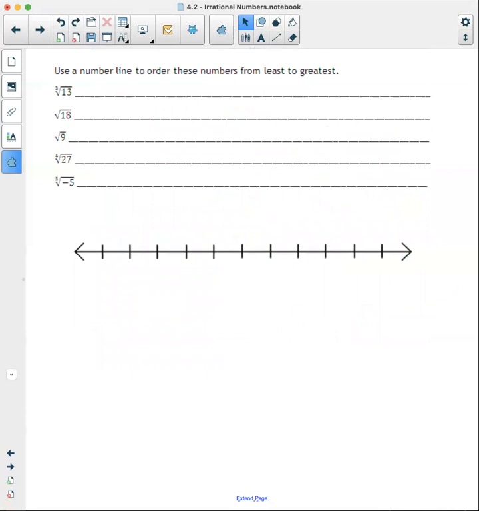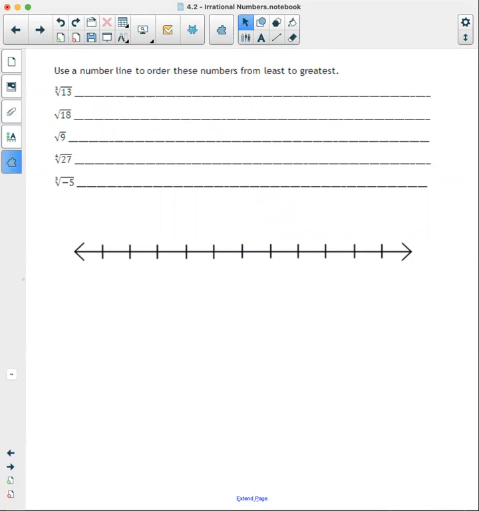Okay, so using a number line, we're going to order these values from least to greatest. Okay, so because they all have different indexes, and some we're taking the cube root, some we're taking the square root, and some we're taking a fourth root.